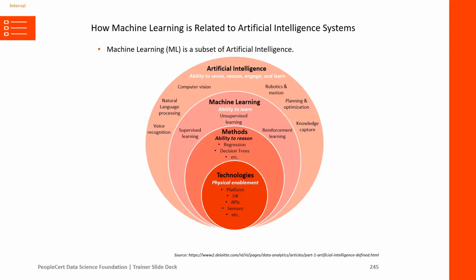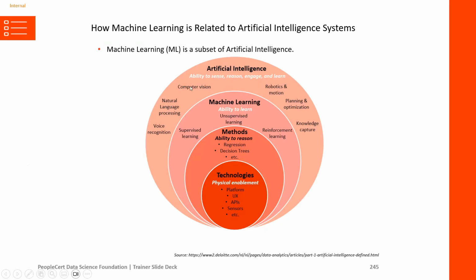Now let's look at how machine learning is related to artificial intelligence systems. Machine learning, ML, is a subset of artificial intelligence. The outer circle is artificial intelligence, which talks about the ability to sense, reason, engage and learn.